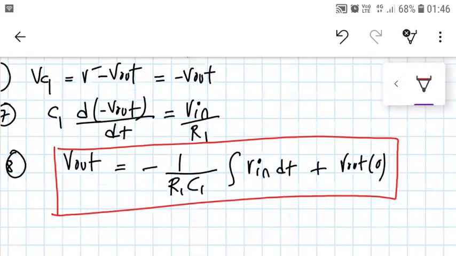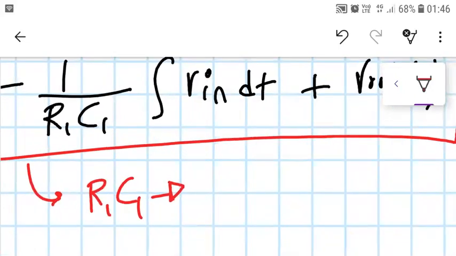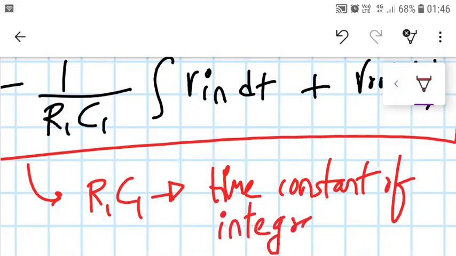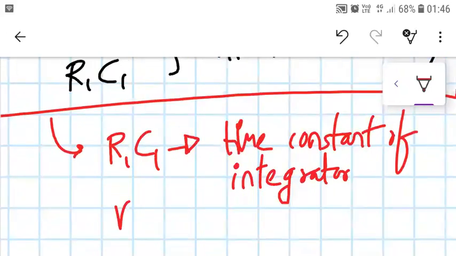Here my R1 C1 is actually called the time constant of the integrator, and V out of 0 is basically the initial output voltage.